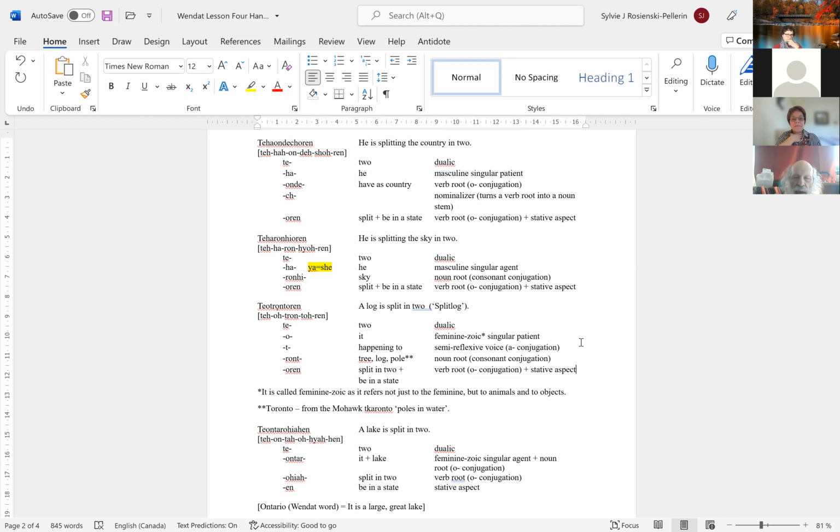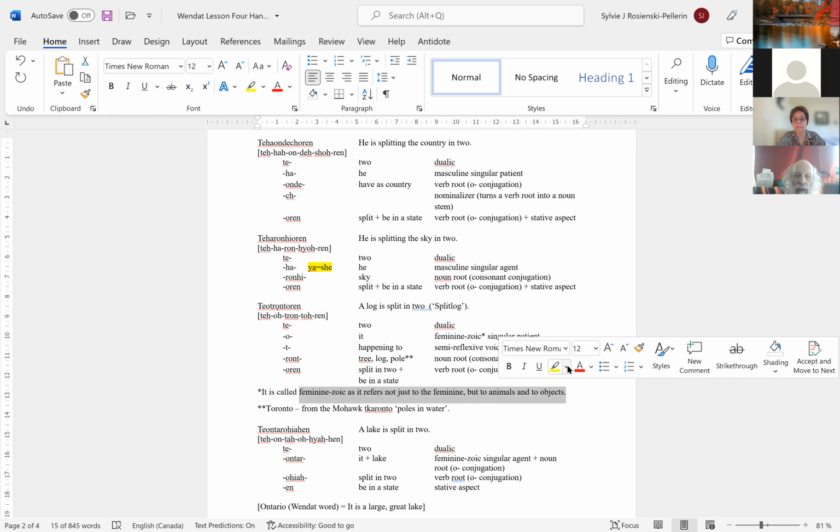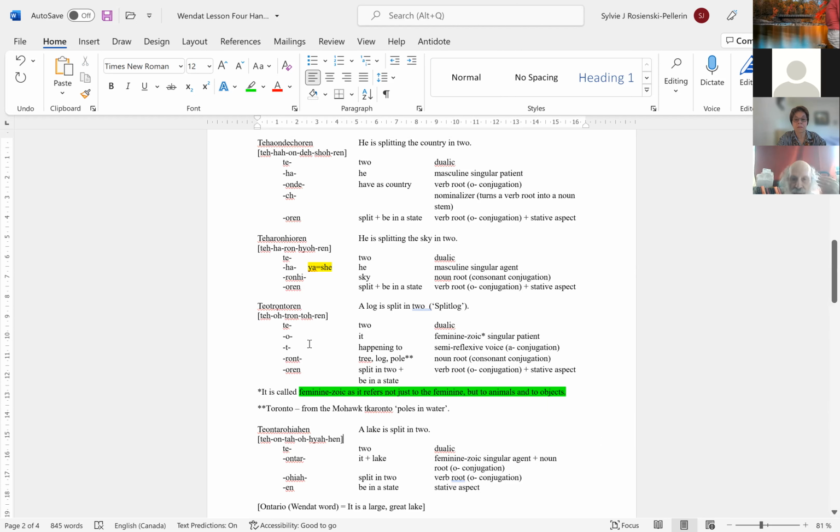Now here, because the log is not masculine, because it's an object, like the feminine zoic, the term zoic means it also refers to an animal or an object, right? It's used that way. Okay, so because it's a log that's being talked about, you use the feminine zoic form.